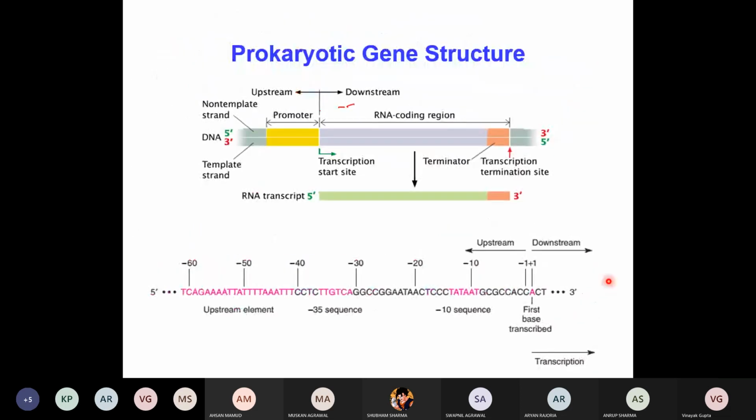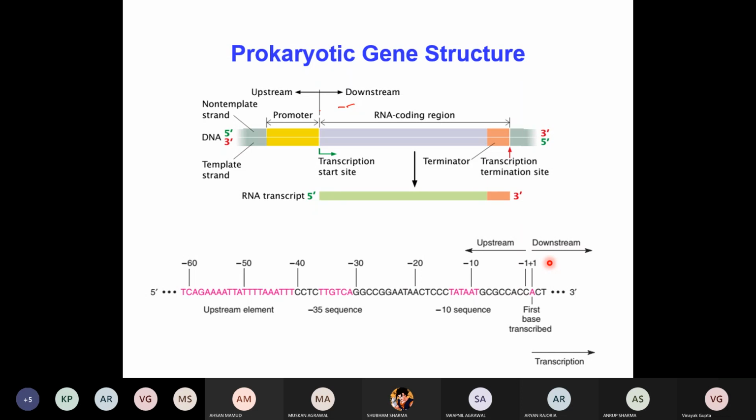This is the international numbering system adopted throughout the labs for the prokaryotic gene structure as well as for the eukaryotic gene structure. When we move with respect to the transcription start site, upstream or downstream, we have to follow this minus and plus symbol numbering system.